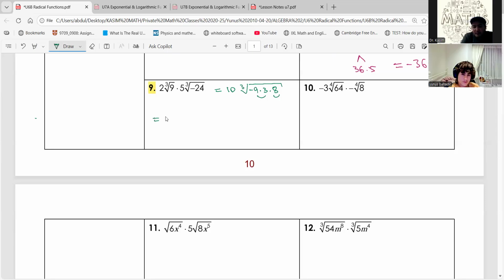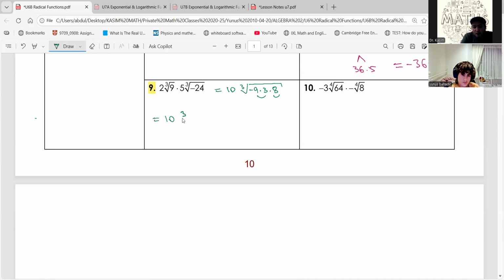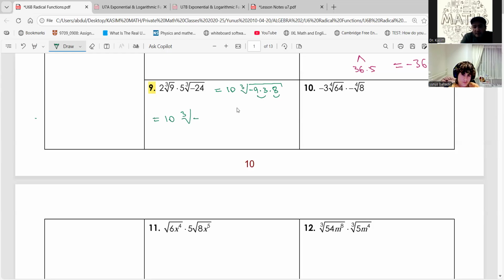Because I can rewrite this as 10 times cube root of minus 9 times 3, 27. It is 3 cubed. And 8, it is 2 cubed, right? If you take this out, here we have 10 times negative 3 times 2.